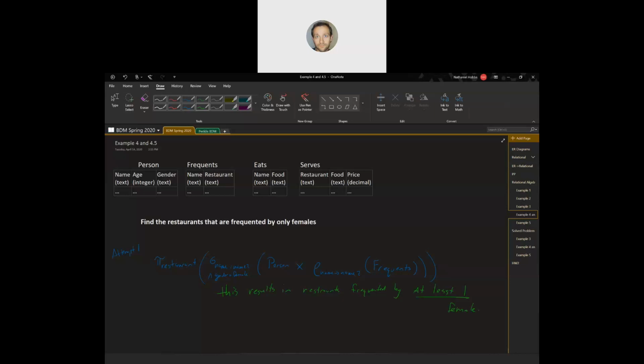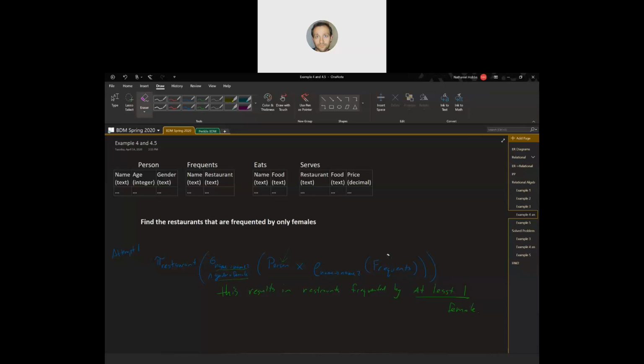Is that clear enough with me just stating it, or is there anybody who wants me to give something concrete? Yeah. So here, so long as there's a person who is a female, and that person frequents some restaurant, then this restaurant will be returned.